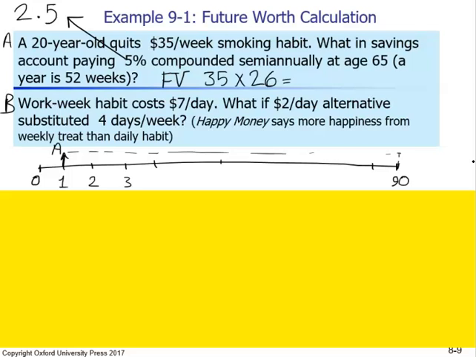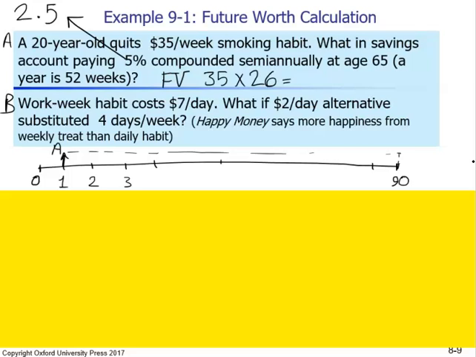Okay, so instead of doing a $7 per day habit, we go for a $2 per day habit. And it's the use of finance in every corner of life, so it is very applicable in personal life, but only for 4 days.